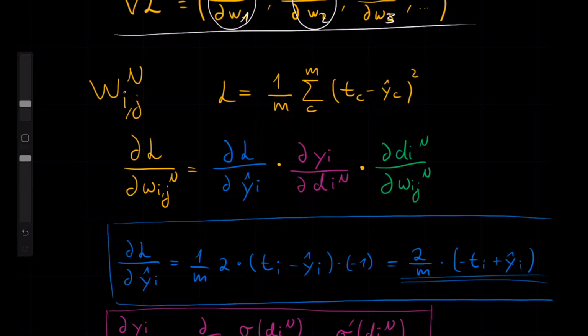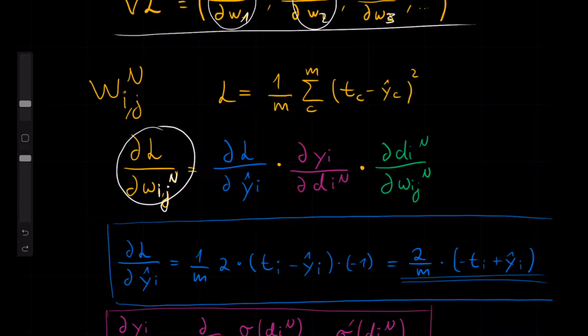Okay, now let's jump into our first partial derivative. And we will keep things general, so we are not considering, for example, a weight in the last layer connecting the first and second neuron or so, but we'll stay general with the i and j here. And so what we're now asking is, how does the loss change with respect to a weight in the nth layer?